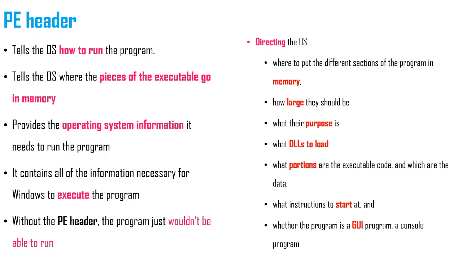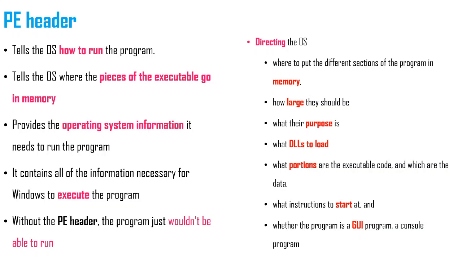How large each section of the program should be, what the sections of the program are, what the purpose of the program is, what dynamic link libraries, DLLs, to load while executing that malicious file, which portions are the executable code and which are the data, and what instruction to start at. So at which instruction do I have to start first in the particular malicious program.